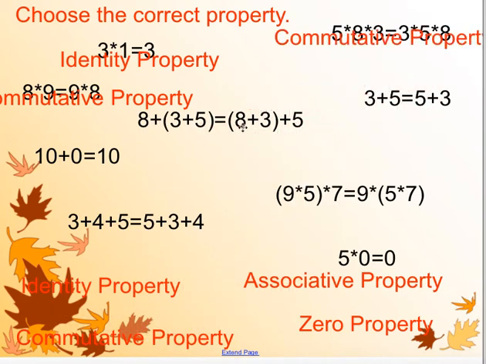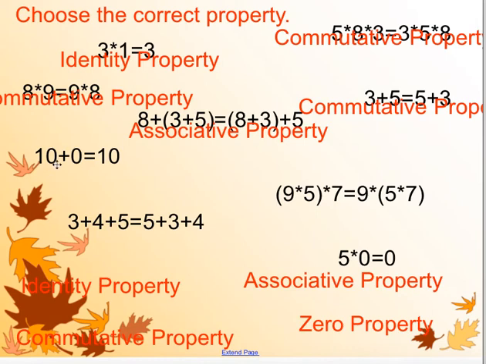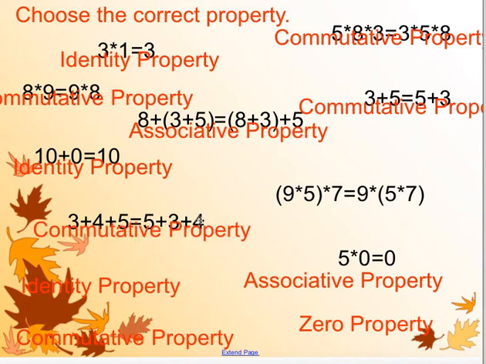If we take this and start grouping things differently, that's the associative. If we can switch the order with addition, that's commutative. If we can take a number, add 0, and we still get the original number, that's an identity property of addition, of course. If we switch the order, okay, another example of commutative property.